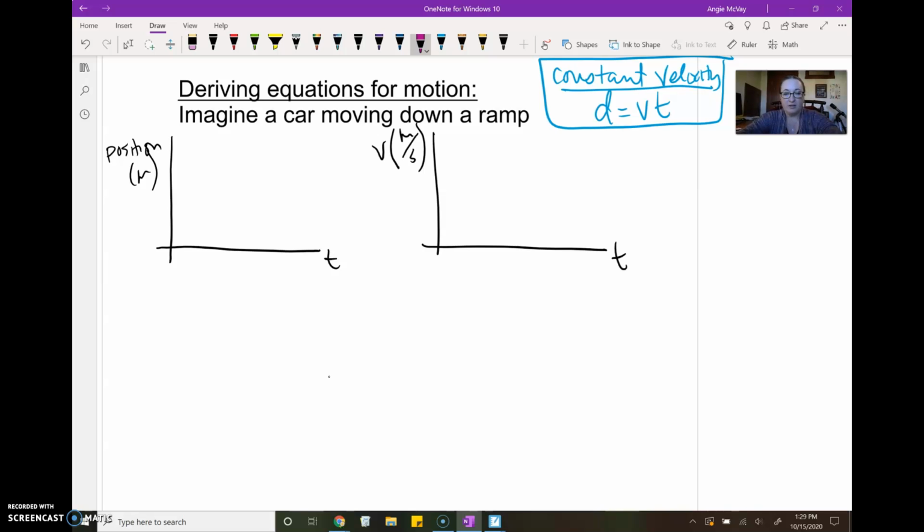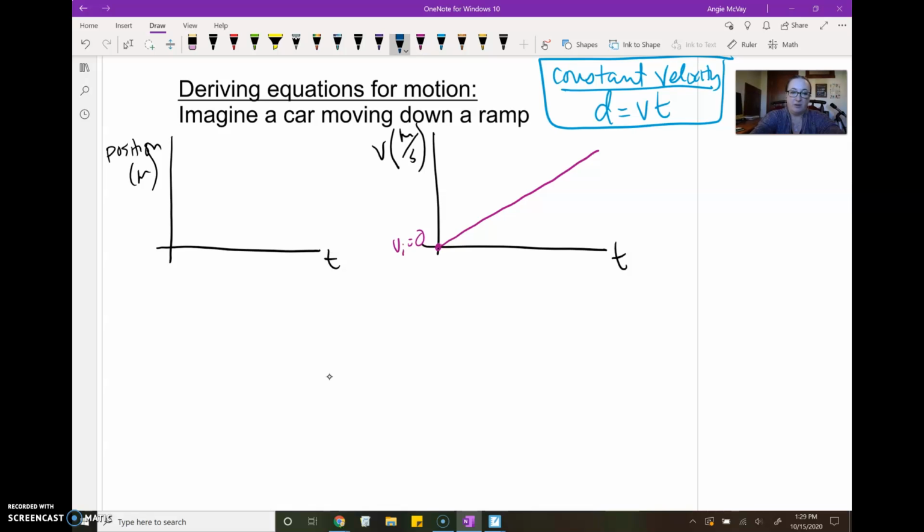Let's draw position and velocity versus time graphs. The velocity versus time graph is easy, right? If we're assuming we're starting from rest, if something's speeding up at a constant rate, the velocity is steadily increasing. So this is assuming that the initial velocity is 0.